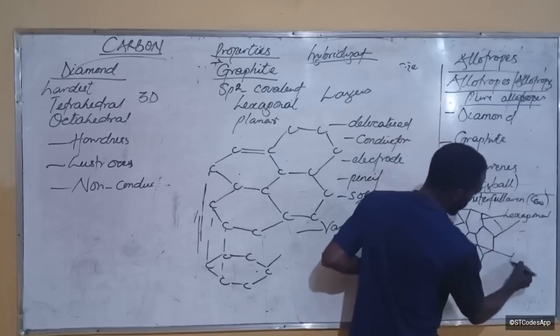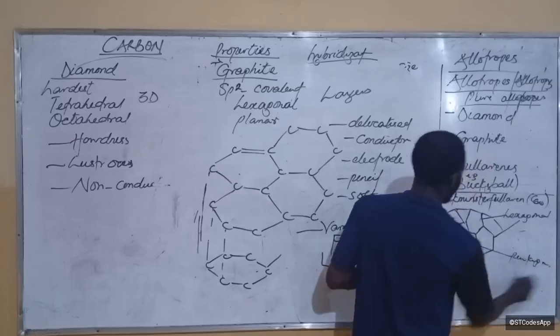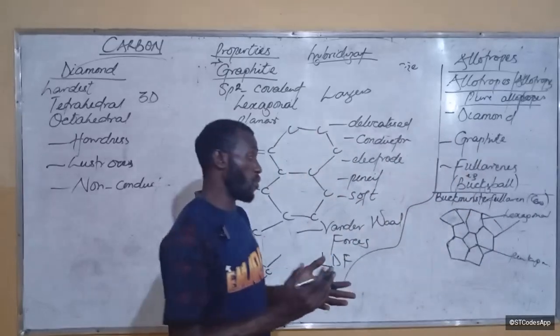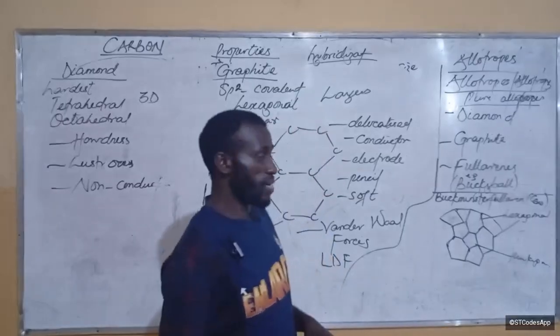Then we have pentagonal shapes here, right? So if I continue this to form what looks like a ball, yes, that's the Buckminster fullerene.